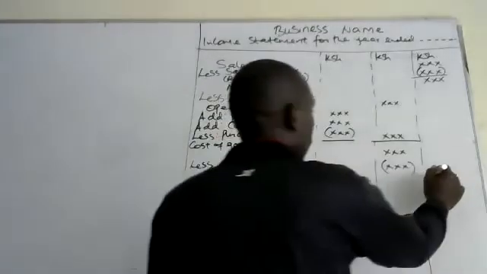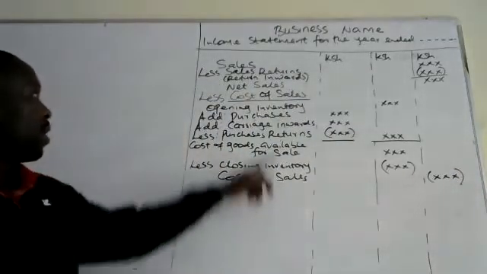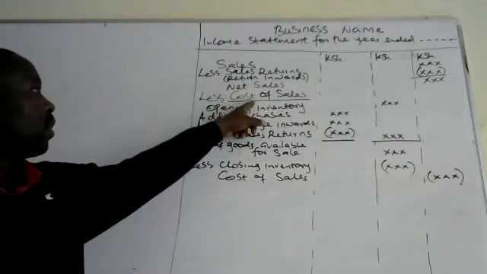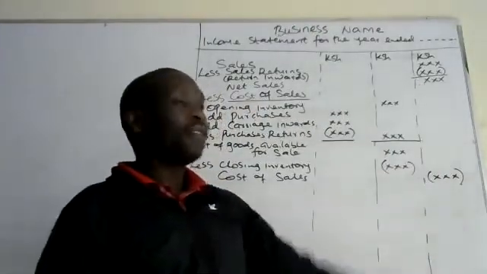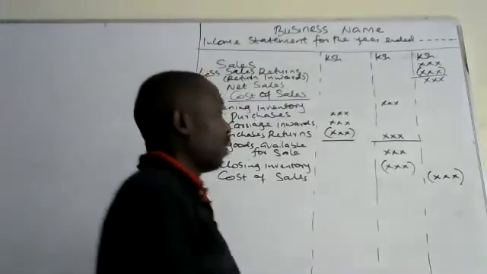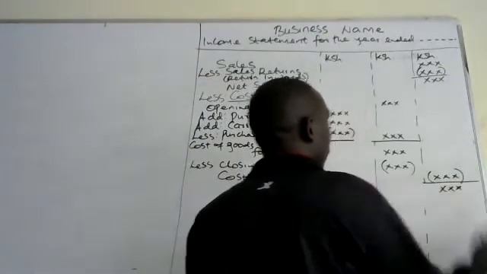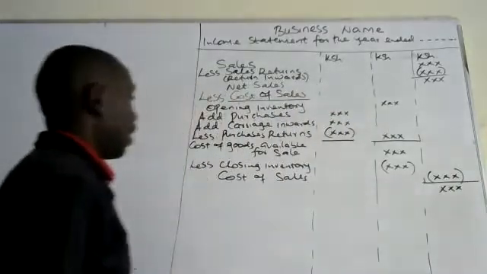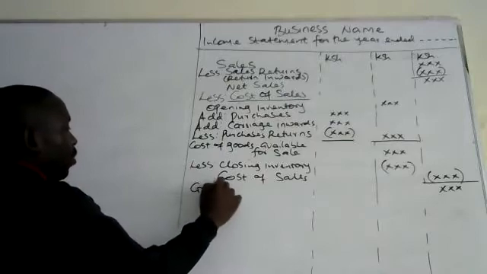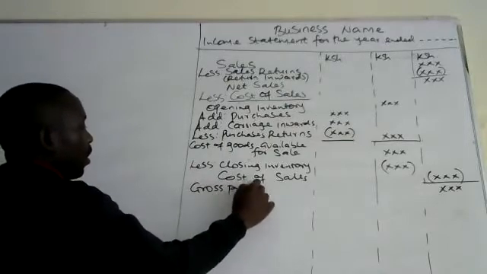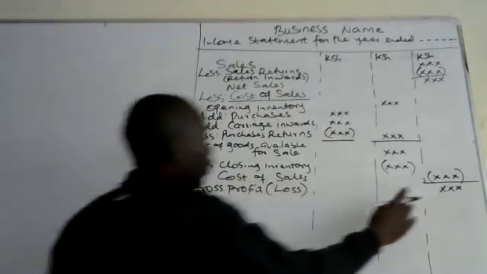And remember, this one is less. Remember here we said less cost of sales. So we are supposed to minus from the net sales, we minus the cost of sales. You get a figure here. Either it is going to be gross profit or it is going to be gross loss.